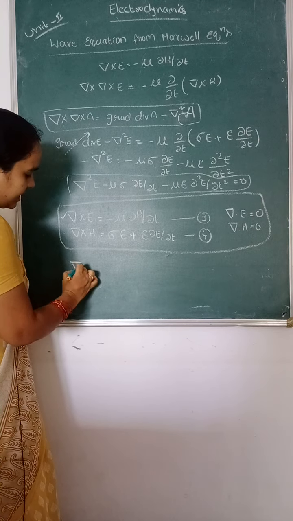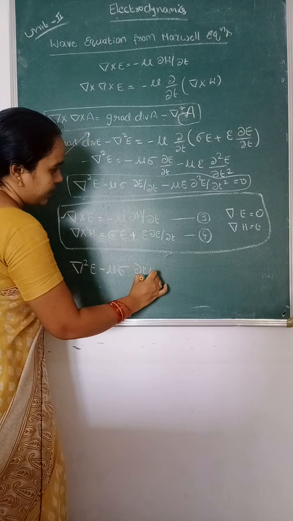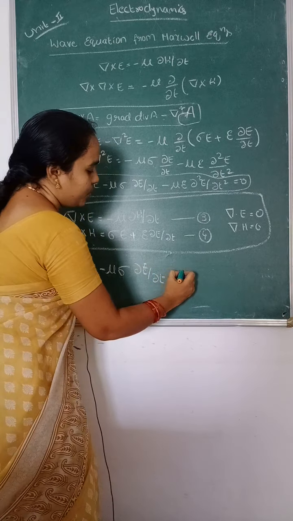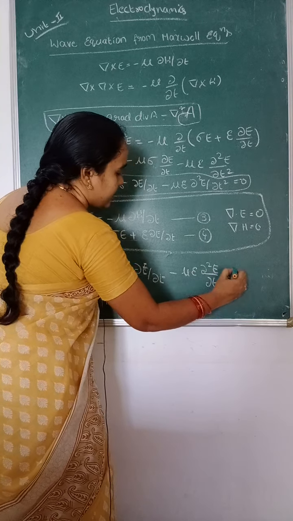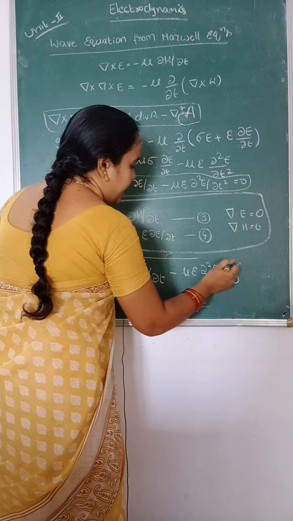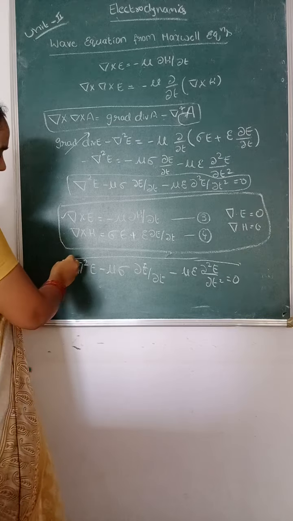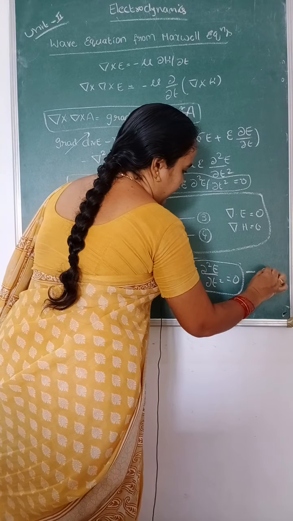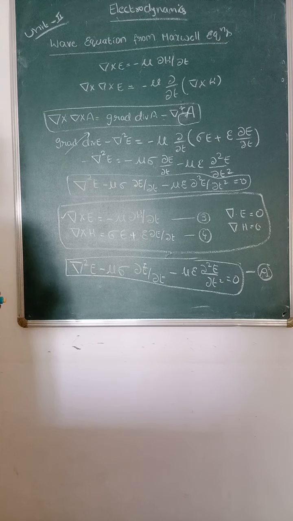So this is the wave equation in terms of electric field vector capital E. Let it be equation number A.